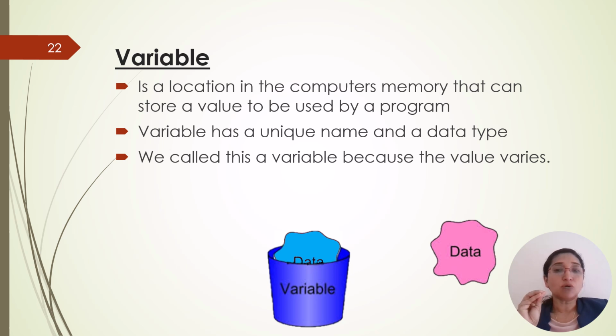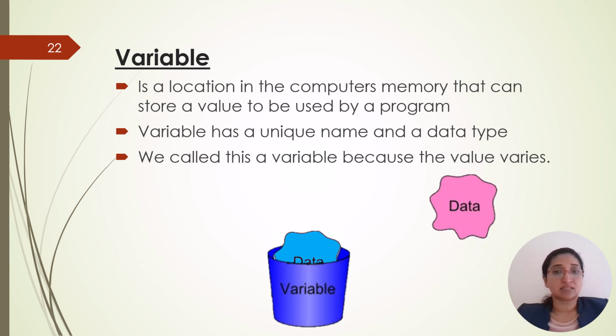So we call this location a variable. Why? Because this value varies. Whenever you enter a second value to this location, the first value gets replaced, so you can't find the first value anymore. The value varies. That's why you call this a variable. It's not a constant value.